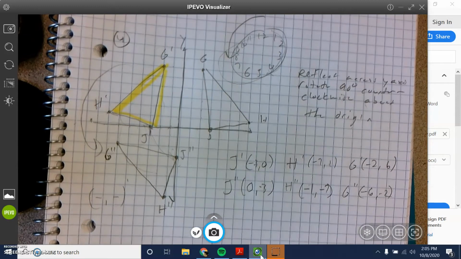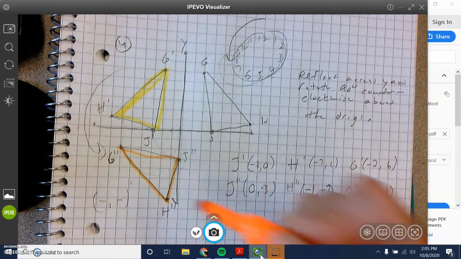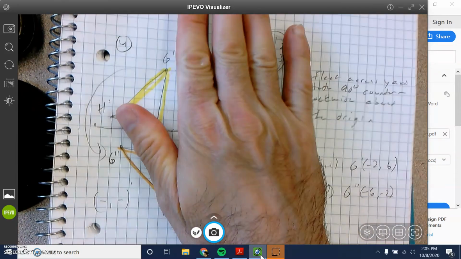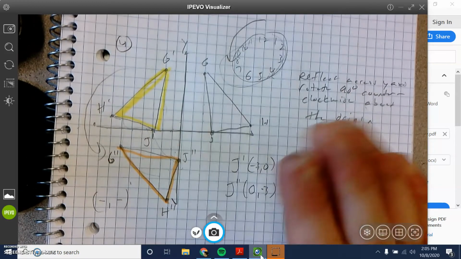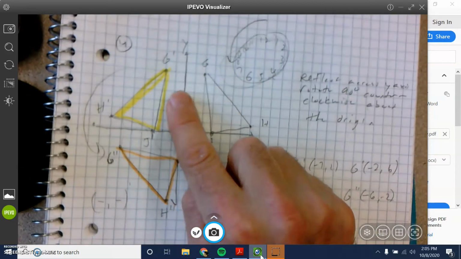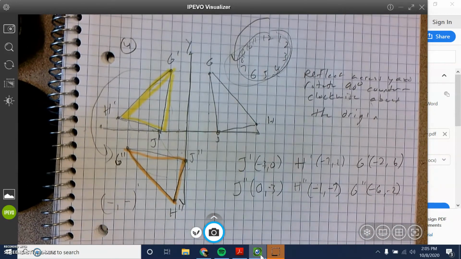There you go. Let's go orange. Orange, there you go. So this was now rotated, bam, 90 degrees around the origin. You took it here, and not only are you moving it, but you're also rotating it at the same time. There you go. So we did that one.